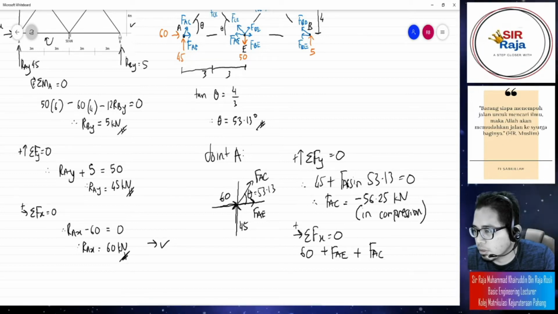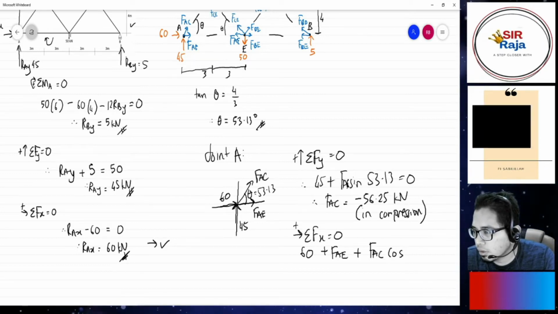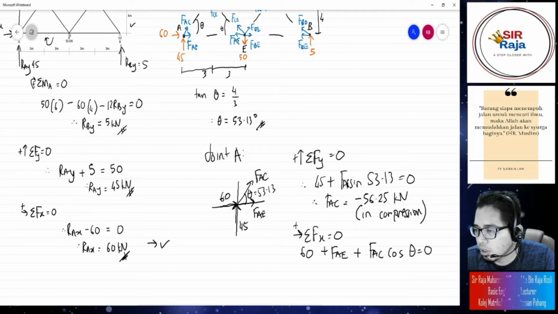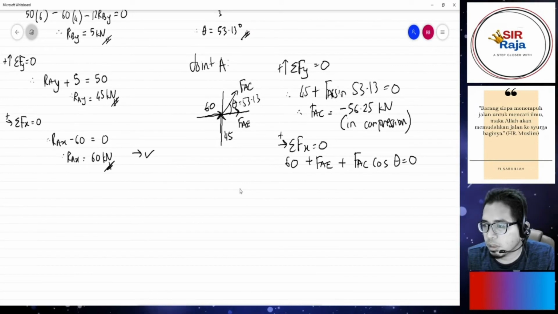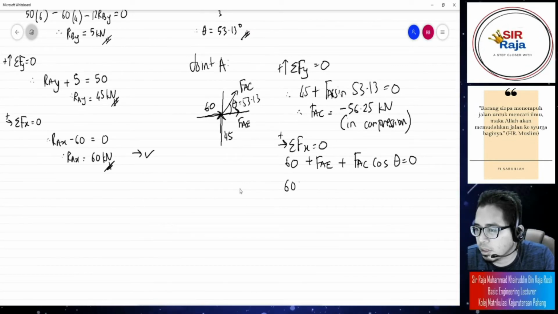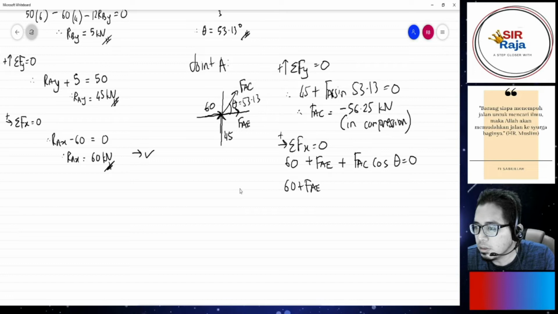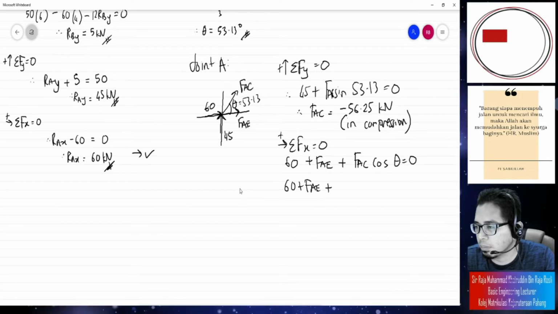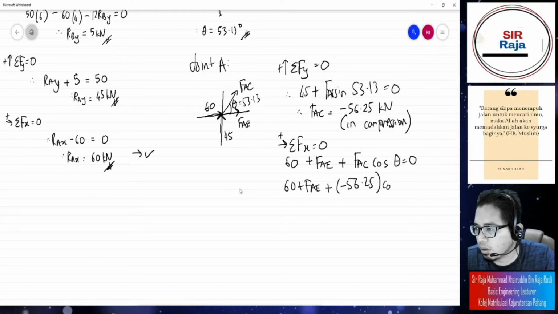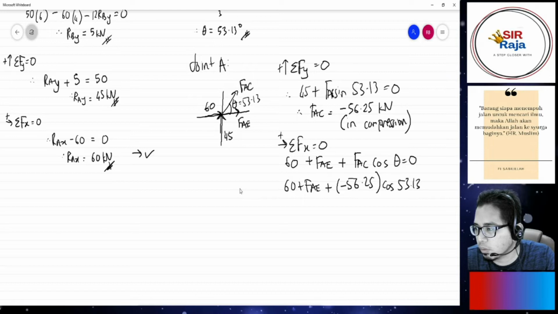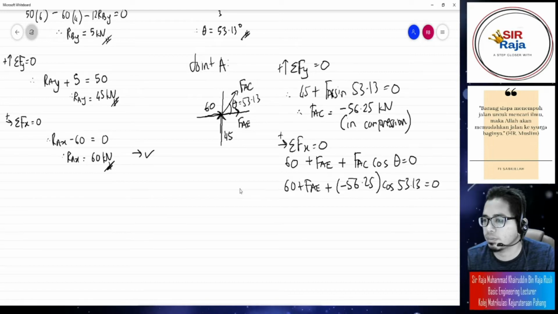Of course it's going to be cos theta, and this is equal to 0. So we have 60 plus FAE. So just going to replace: FAC is negative 56.25 cos 53.13, and this is equal to 0.